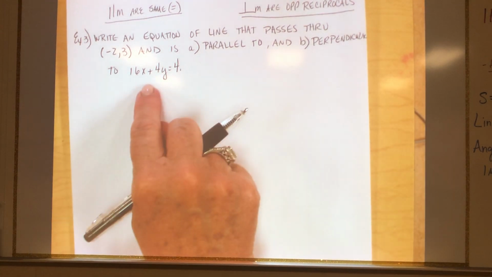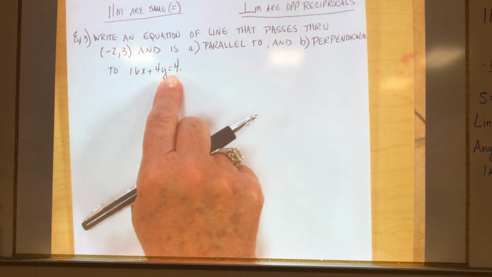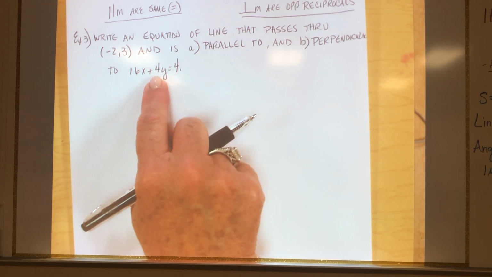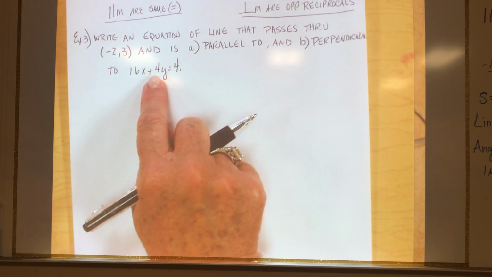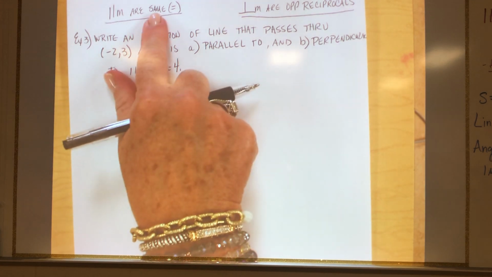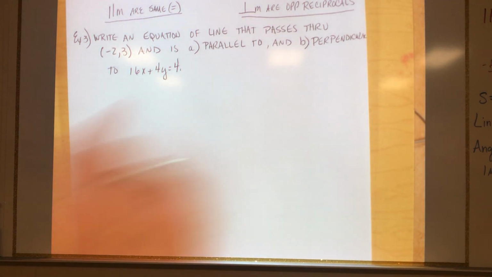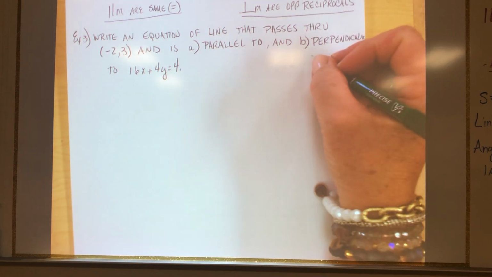So if I need to talk about parallel and perpendicular slopes, what do I need to find on this line? If I want it to be parallel to this line and then perpendicular to this line, what do I need to know about this line? You better know its slope, okay? Parallel slopes will be the same, perpendicular slopes will be opposite reciprocal. So I need to find this guy's slope.